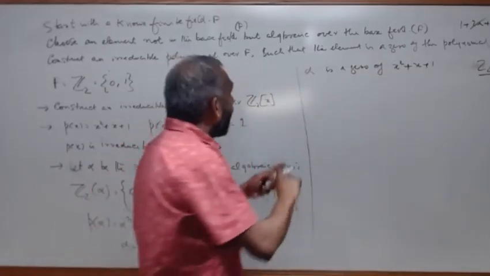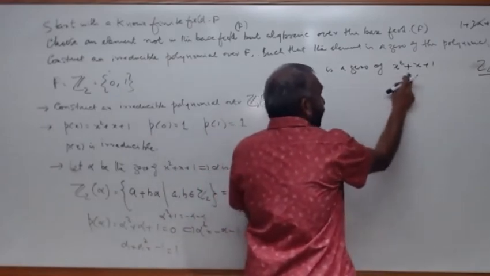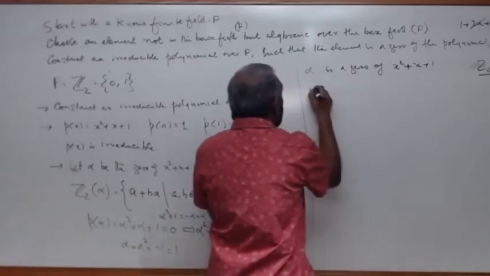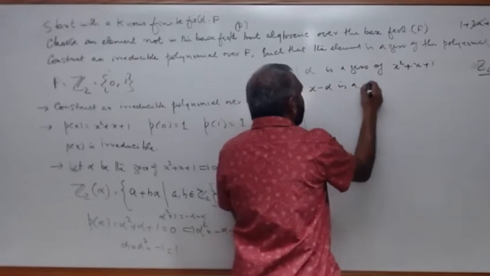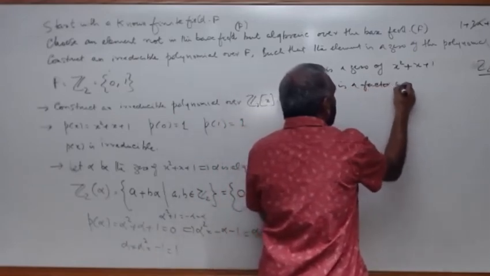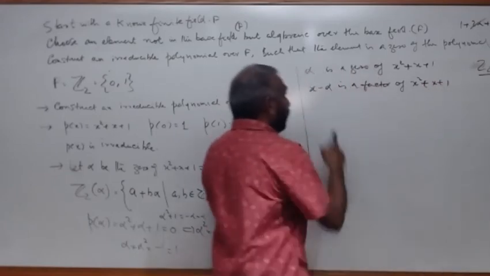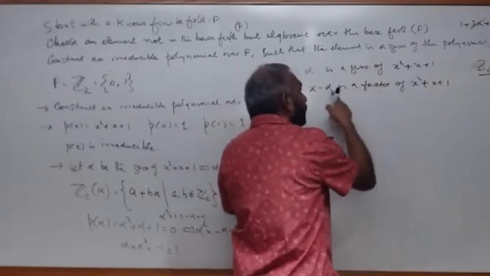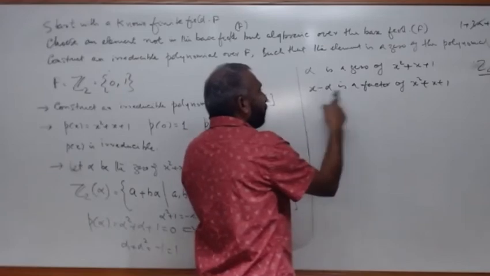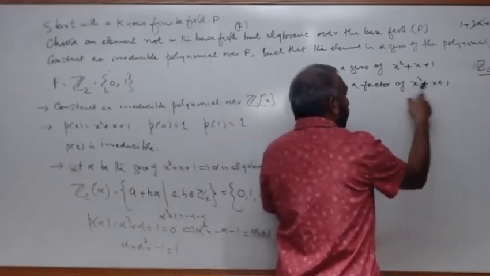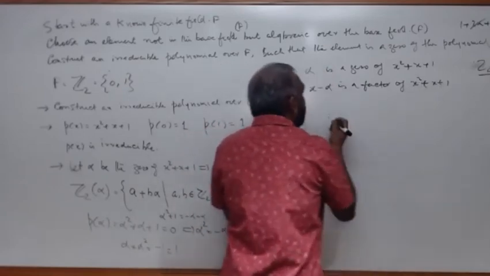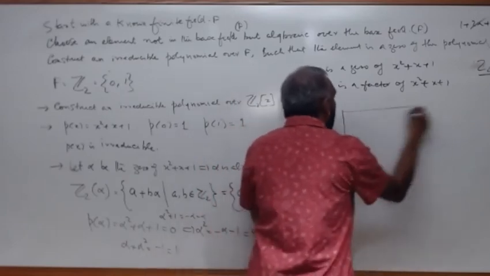Since alpha is a 0 of x square plus x plus 1, x minus alpha is a factor of x square plus x plus 1. And we are going to find out the other factor, because this is a quadratic polynomial, or polynomial of degree 2. So what we do is we do a long division.